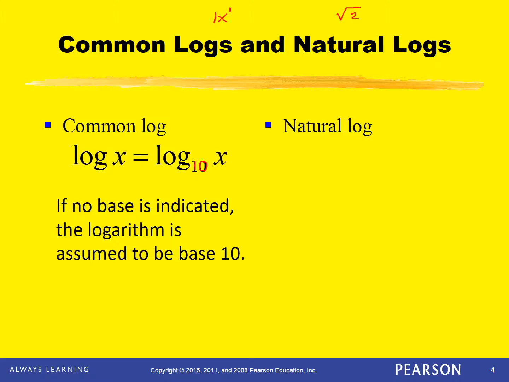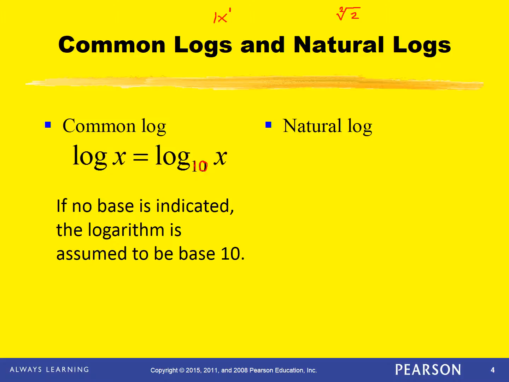There's a default index to a radical, and the default index is 2. When we have the radical symbol without anything in there, we're saying that's a square root. Well, the default base of a logarithm is 10.